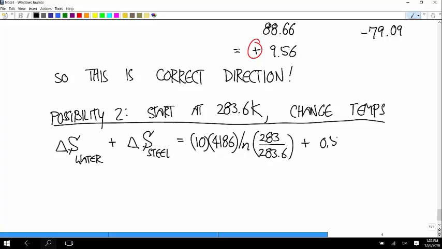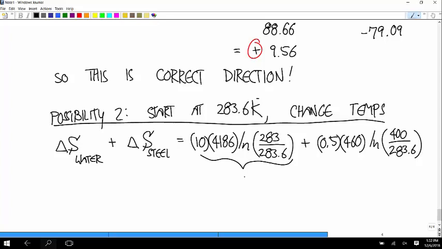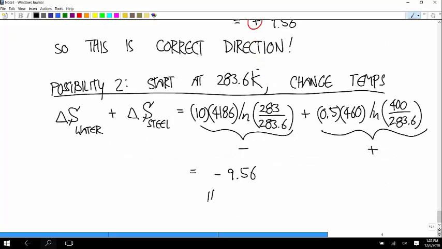Add that to 0.5 times 460 times natural log of, this time 400 is the later temperature, 283.6 is the earlier. And so now this one is negative, this one is positive, and you get an answer of negative 9.56. And that's impossible.